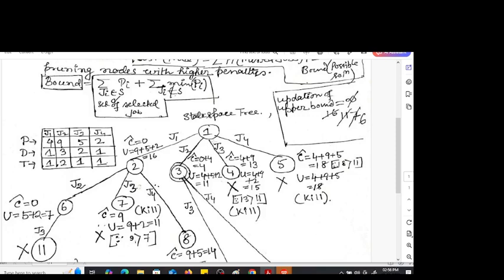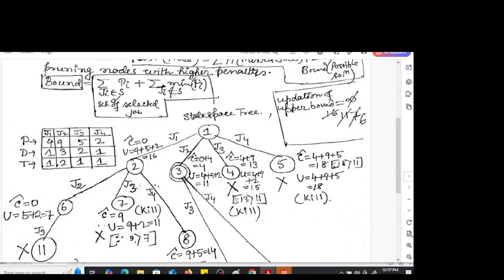And then the third time when I pick J3, my cost goes to 4 plus 9, the J1 plus J2 penalty, which is 13. And the upper bound is 4 plus 9 plus 2, which is 15. If the cost goes beyond the upper bound, then it is a problem and we have to kill the job. 13 is greater than 11.